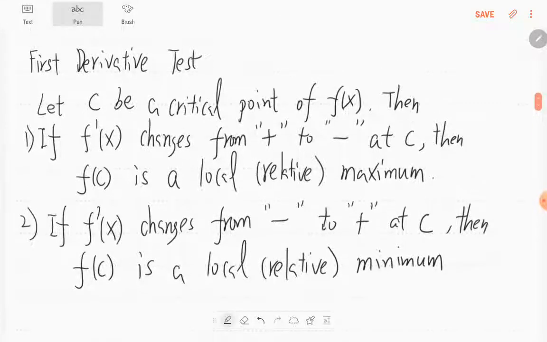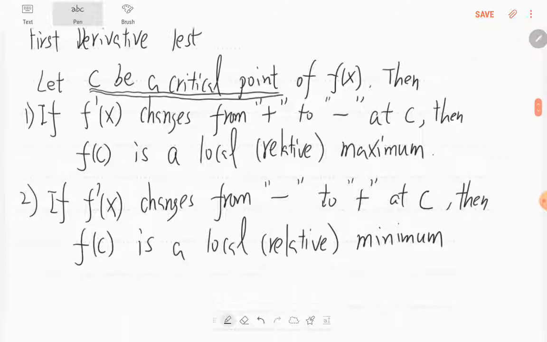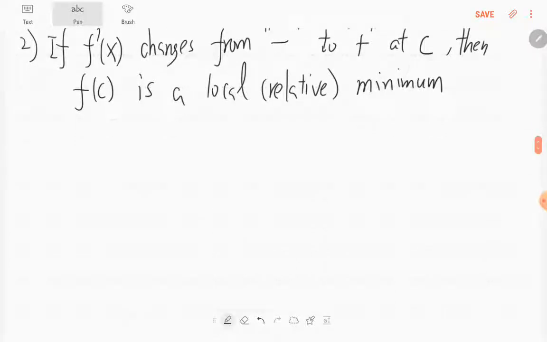Okay, so here the test says c must be a critical point. If c is not a critical point, we don't care about that. The reason is the following theorem, which is called Fermat's theorem.